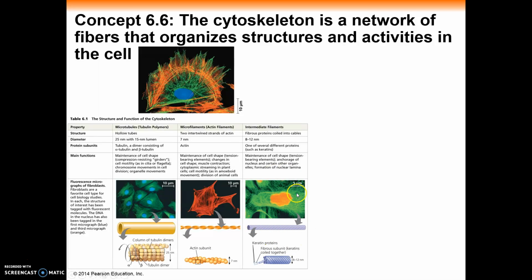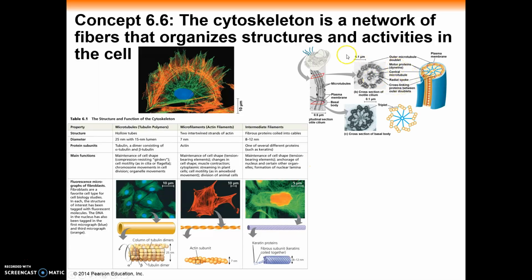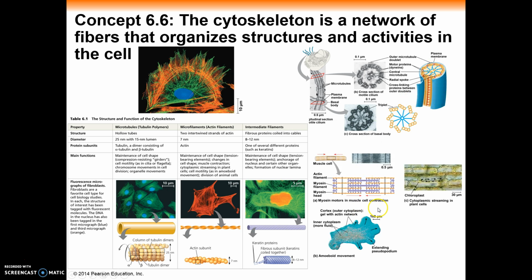Intermediate filaments are much more static and provide the overall toughness that we see in a lot of cells, such as skin cells or what we see in hair. These microtubules are what lead to the formation of things such as flagella and cilia. And that, in combination with various actin fibers, can lead to a wide range of different cellular movements.